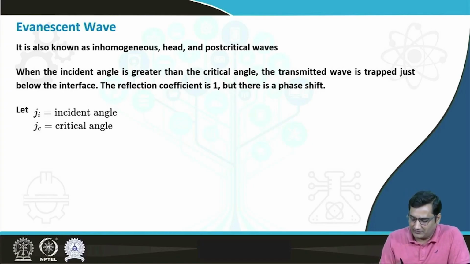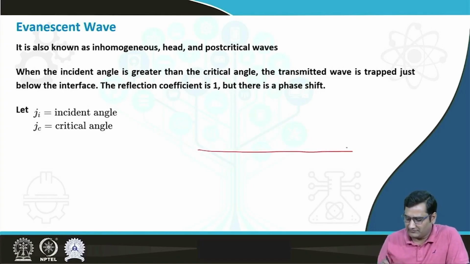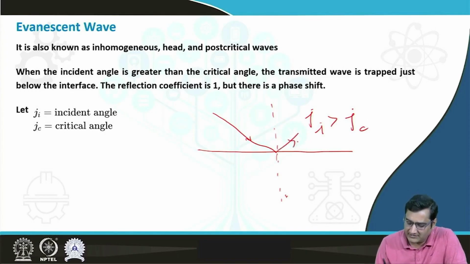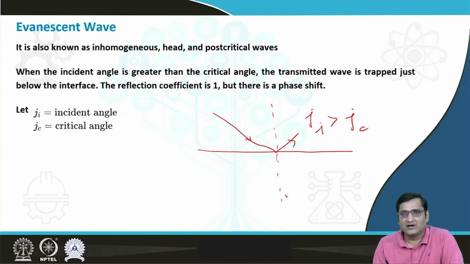That means, let's suppose this is the interface of two media, and this is the normal at this interface, and the ray is incident at an angle Ji that is greater than the critical angle. Then there will be energy that will be reflected back, and there will be energy that will be transmitted and trapped just below the interface.